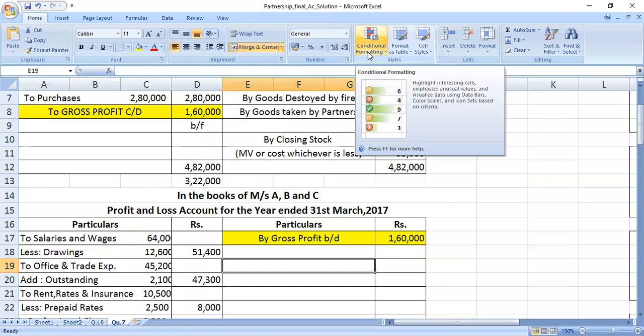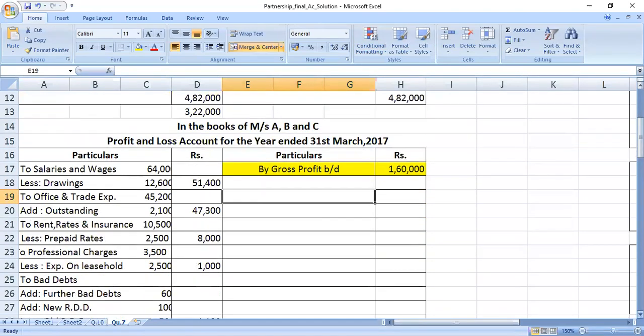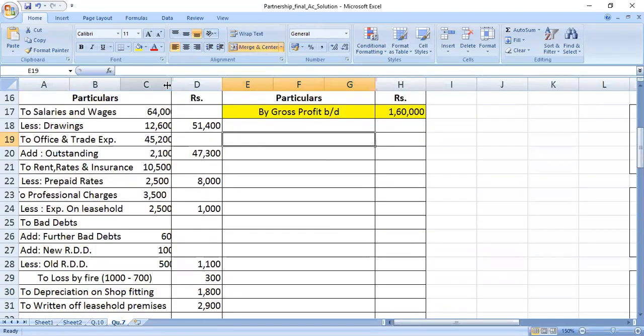After recording gross profit, after that we have to find out the profit and loss account balance.